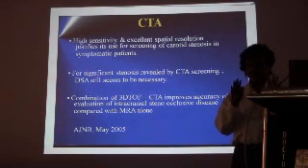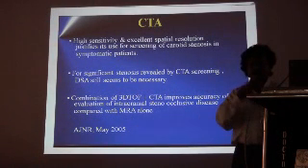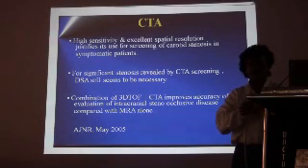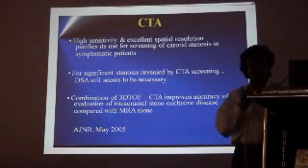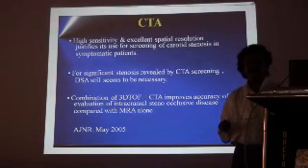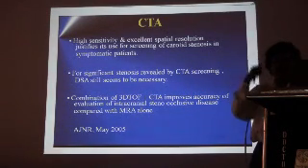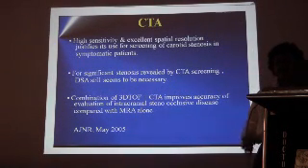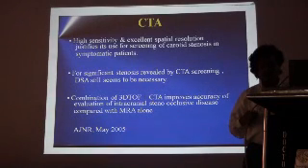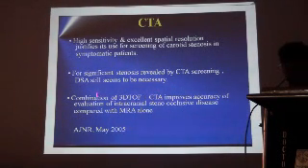At least you need a 64 slice CT machine, but you don't need to control the patient's heart rate, and even if the patient is arrhythmic, it can be done without artifact. And similarly CT angio for pulmonary, and CT angio for brain is sufficient. Walk-in, walk-out procedure, within 15 minutes it can be completed.